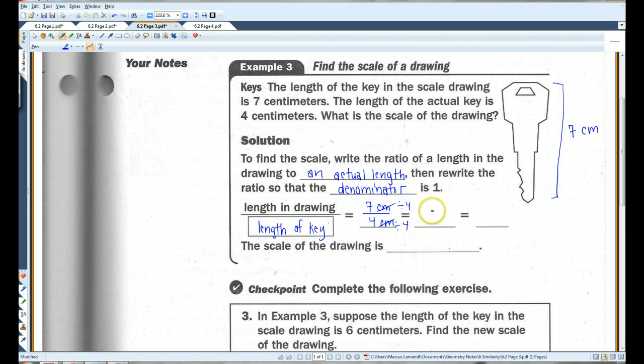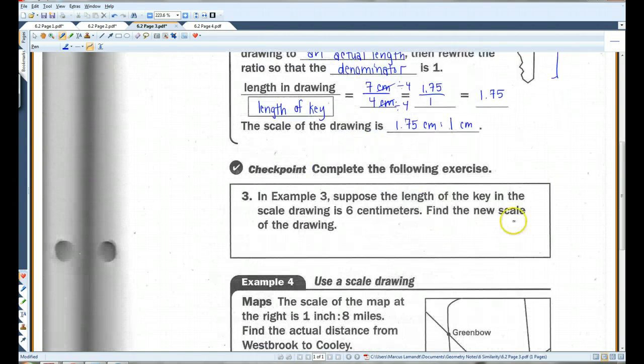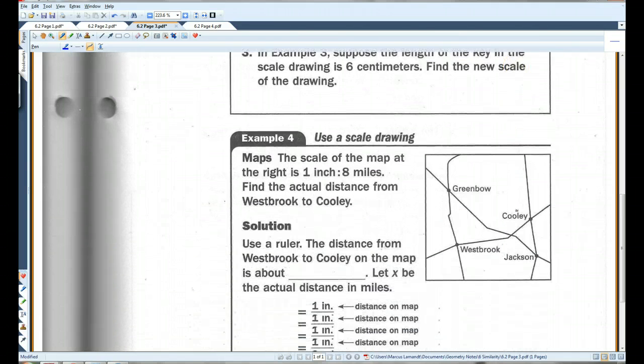If I divide top and bottom by 4, I get 1.75 over 1, which is just 1.75. So the scale of the drawing is 1.75 centimeters to 1 centimeter. Okay. Alright, checkpoint. I'll let you do that.